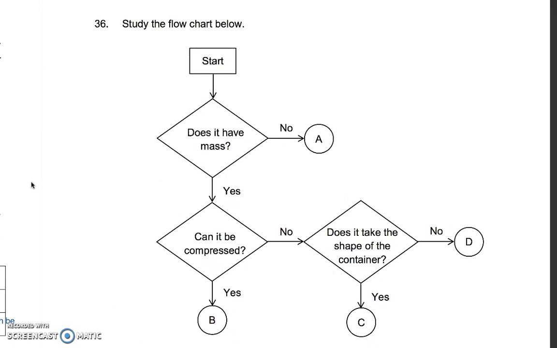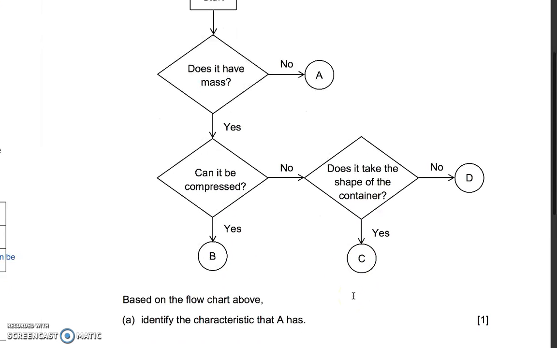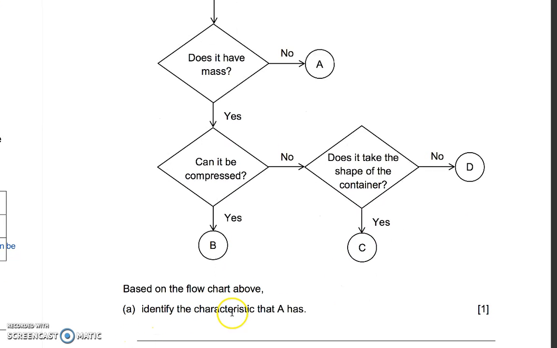Question 36. Study the flowchart below. So you have A, B, C, and D, and this is the flowchart. Based on the flowchart, identify the characteristic A has. A is here, and the first question it asks is, does it have mass? And it says no. So we can conclude that A does not have mass.